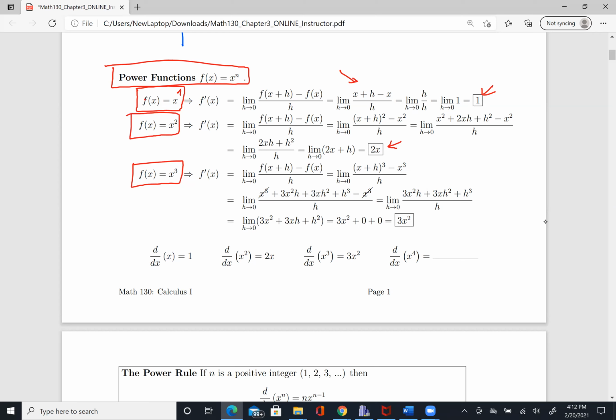I'm still using the same method as before, which is using the limit. If you follow along here, you can see that I always try to factor out the h in order to cancel this h finally, and then directly substitute to get the answer 3x squared.